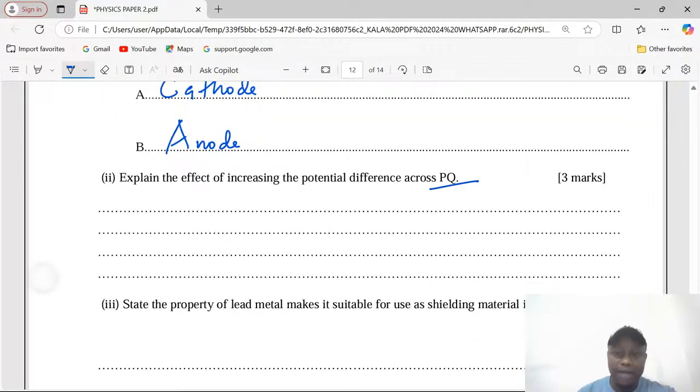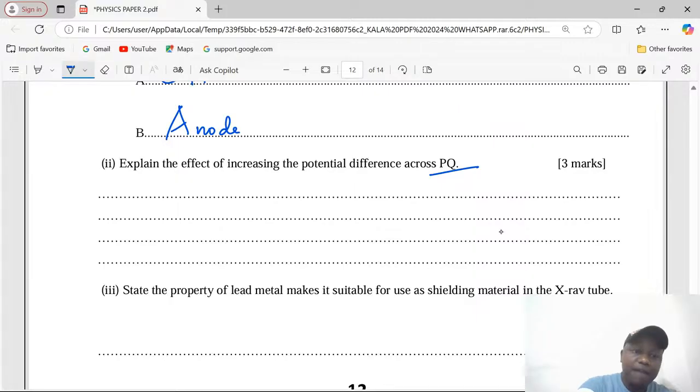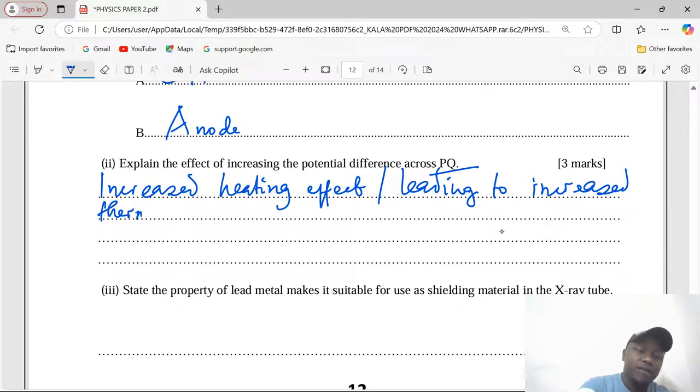So increasing the current increases the heating effect, leading to increased thermionic effect.